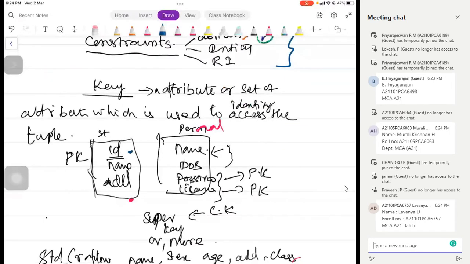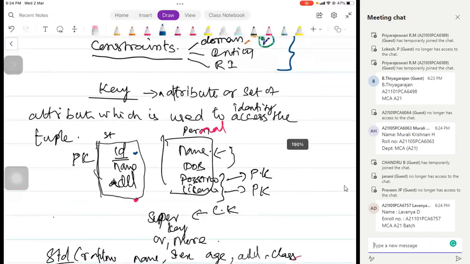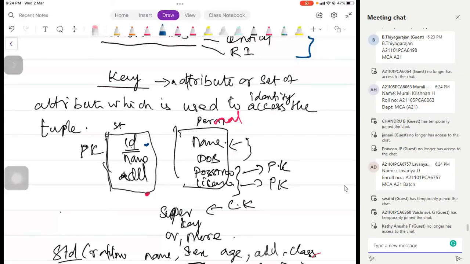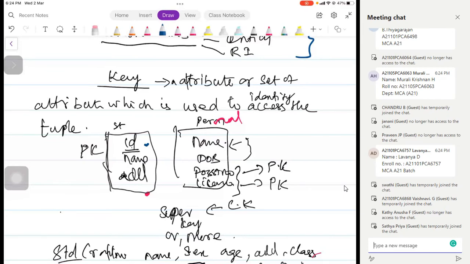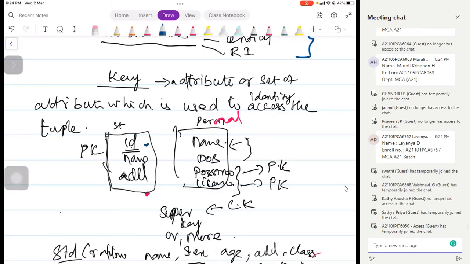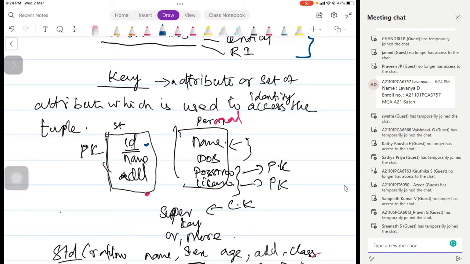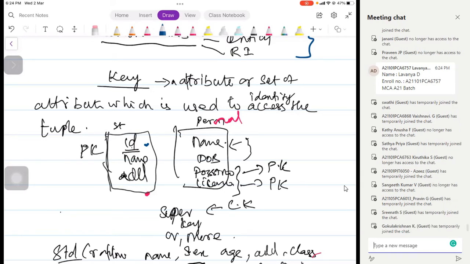Before going to the construction of a relation or schema, first of all, you should know about the key. The key is used to access the element from the database. See, for example, how our parents recognize us or call us by calling our names, isn't it?